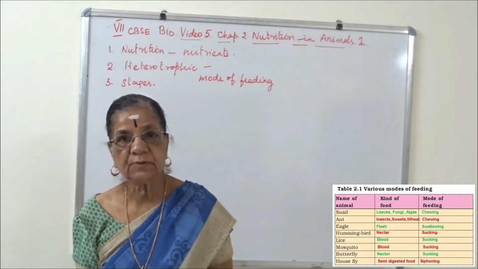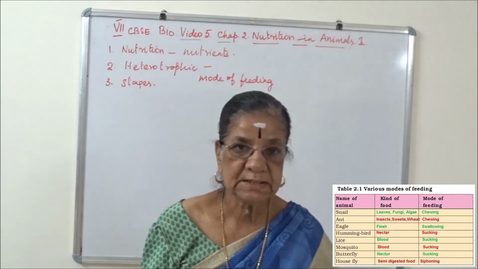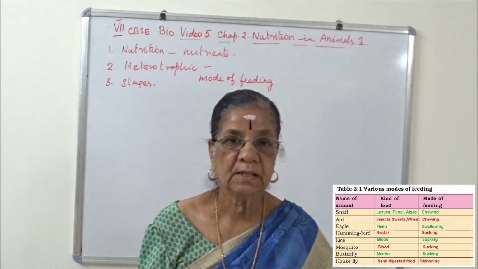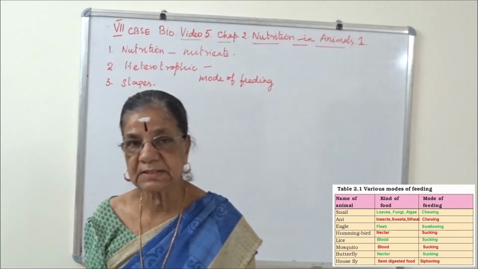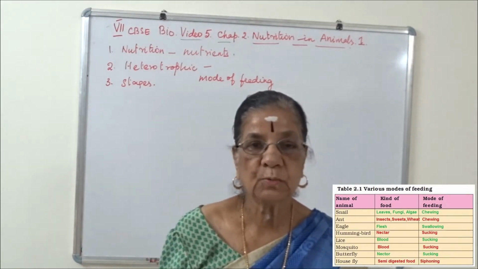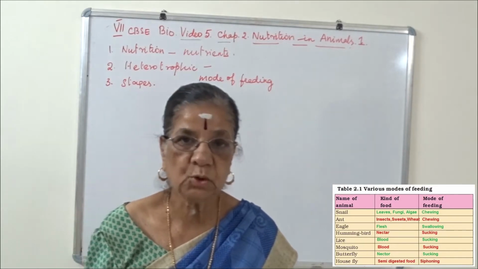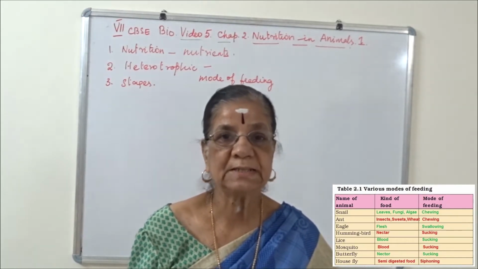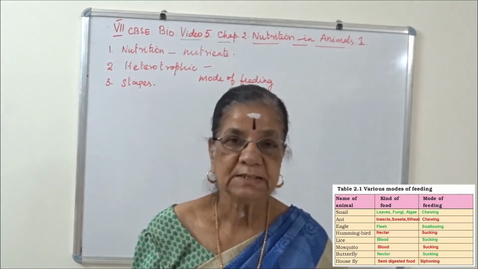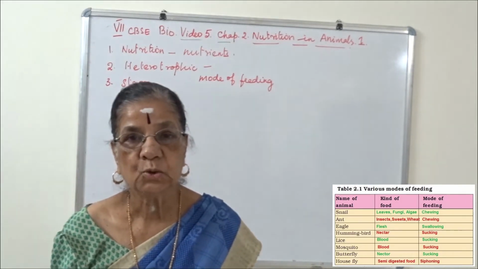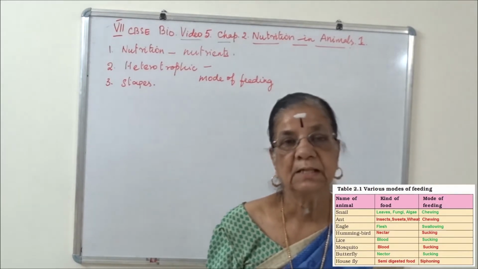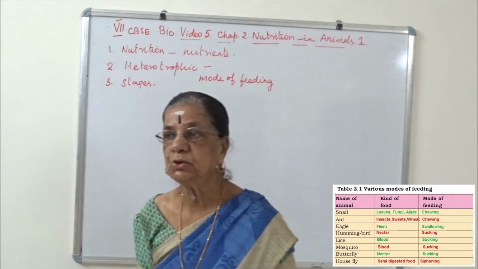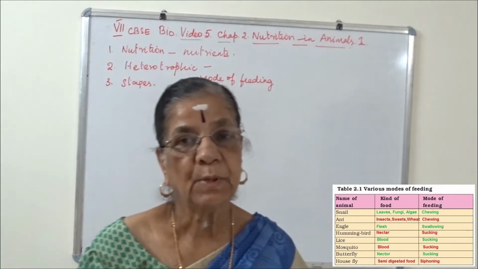What is the equation for photosynthesis? 6CO2 plus 6H2O, in the presence of chlorophyll and sunlight, will give C6H12O6 plus 6O2, and that O2 is evolved as a byproduct.